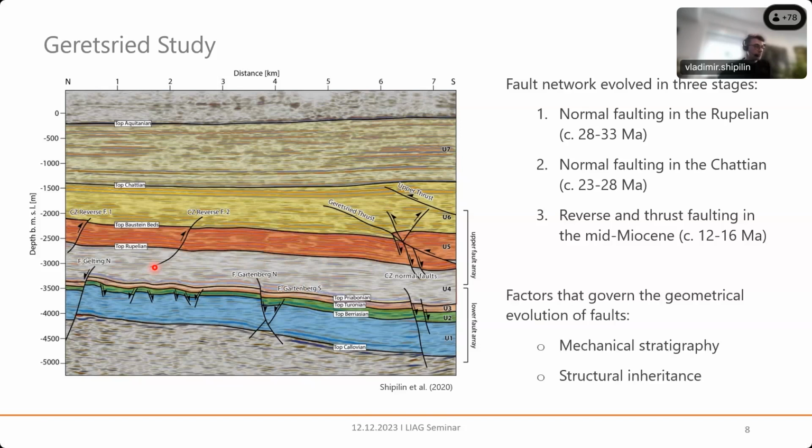So based on this study, we can see that mechanical stratigraphy, in this case the presence of thick clay-dominated marls, as well as structural inheritance, represented by the pre-existing lower fault array, influenced the geometric evolution and the overall fault pattern in this region.